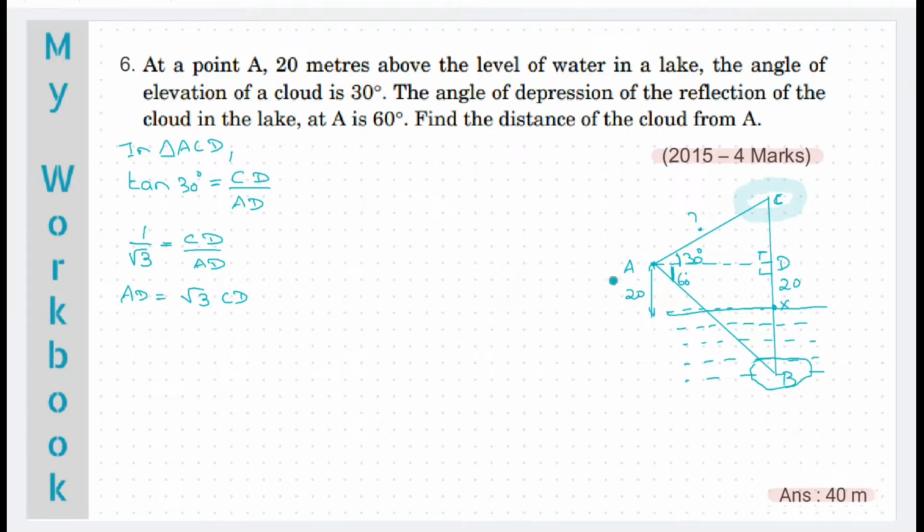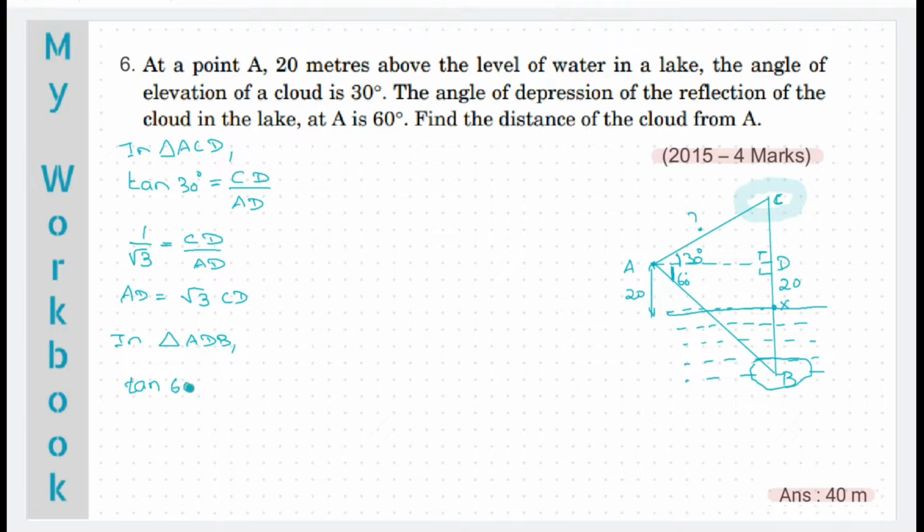Now in triangle ADB, the bottom one, tan of 60 degrees will be the opposite side, which is DB, by the adjacent side AD.